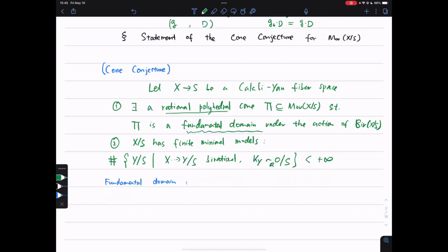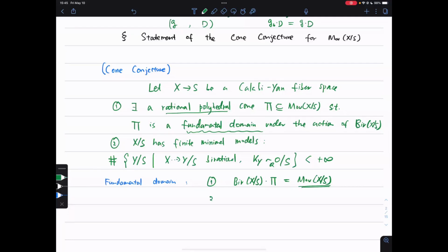Let me explain what I mean by fundamental domain. By fundamental domain, I mean two things. First, under the action of the birational automorphism group, this cone has to fill up the whole movable cone.